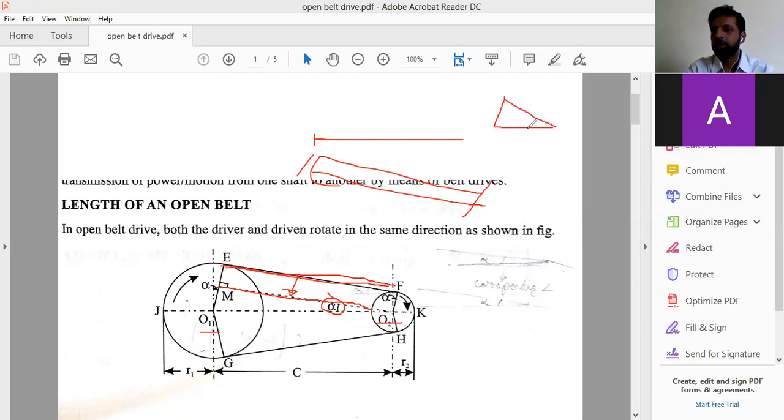So we have O1 here, O2 here and M over here. Thereby we can find this particular side M to O2. If we know this, it is nothing but equivalent to E to F. So that is what we are going to do next.